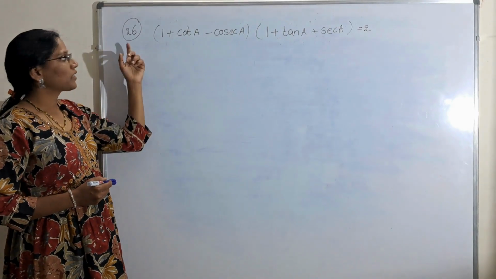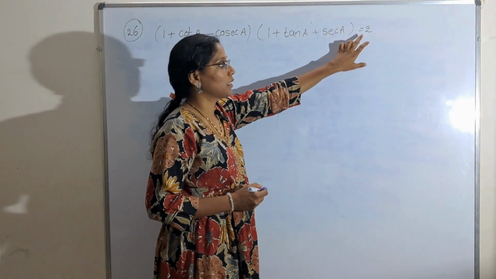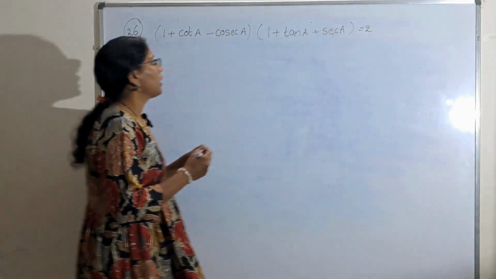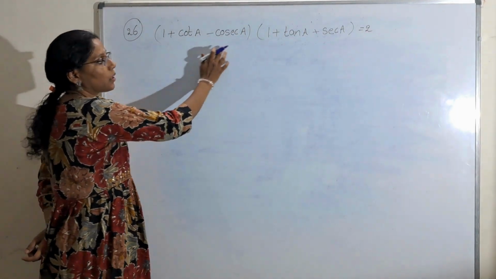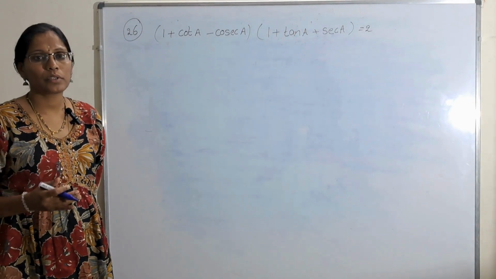Next problem number 26. Here also we have to take the LHS and prove it equals the RHS, 2. LHS: (1 + cot A − cosec A)(1 + tan A + sec A). All terms we have to write in terms of sin and cos.